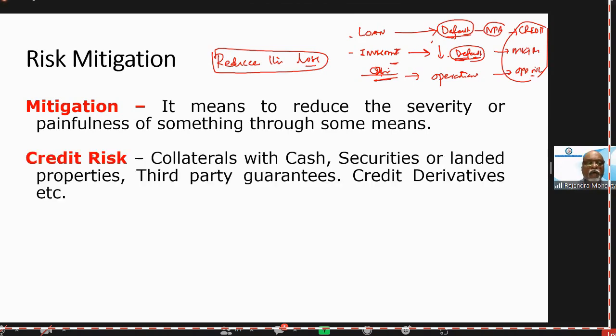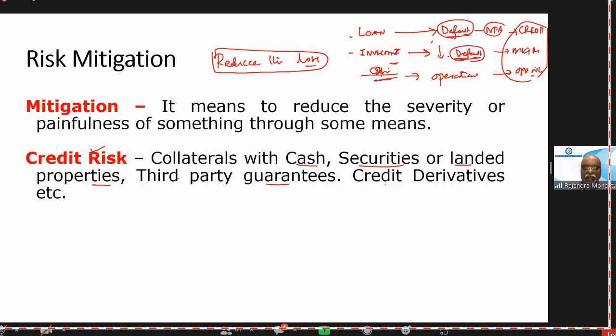So for credit risk mitigation, collateral in the form of cash or securities or landed properties we are taking. Sometimes we also take third-party guarantees, or sometimes some credit derivative instruments are also taken to cover the risk of credit.